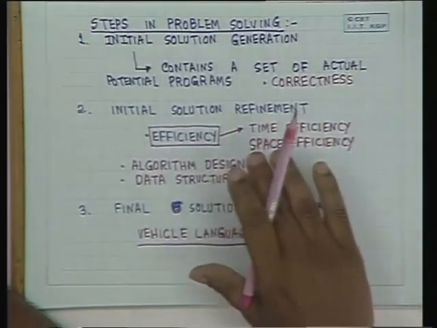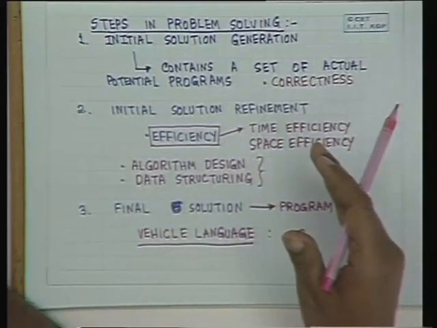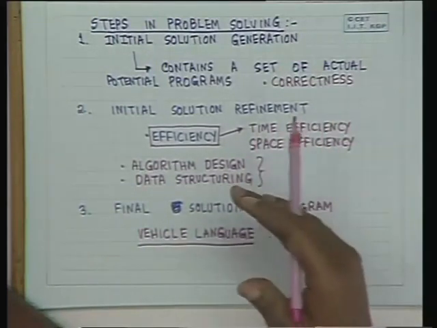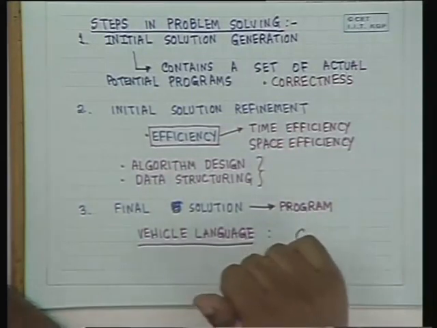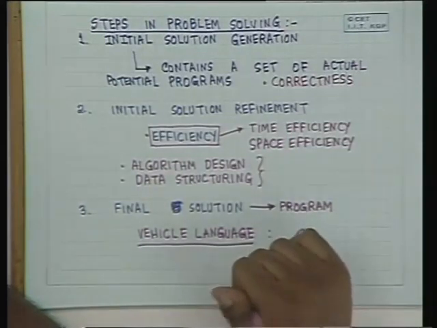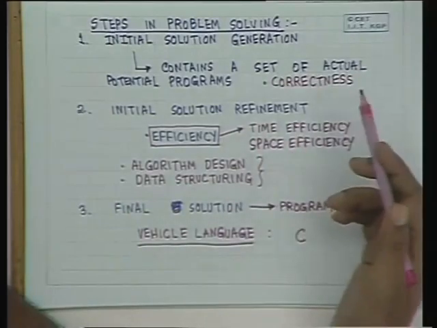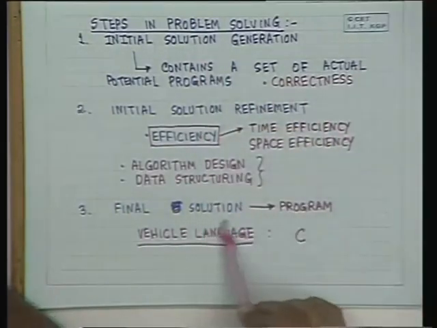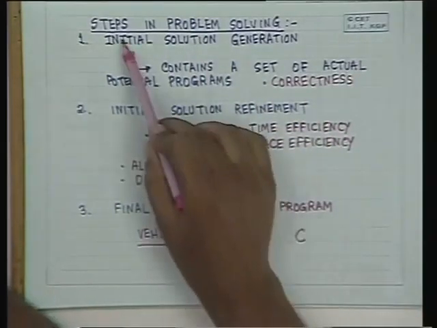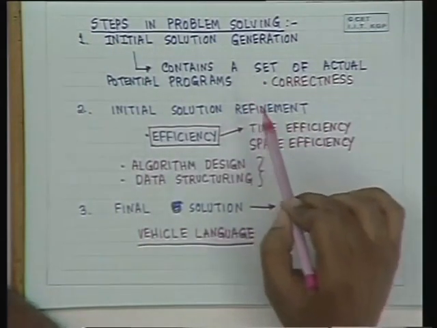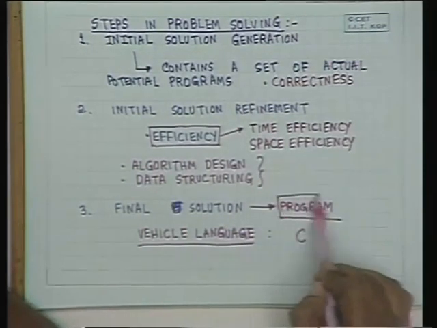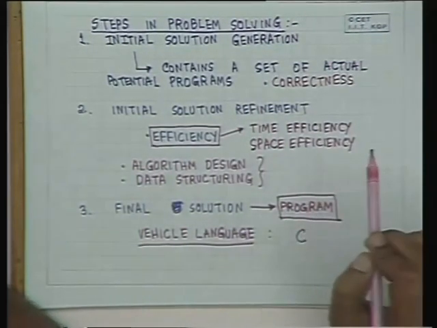Initially we will start with learning a bit of C language and seeing what constructs are available in C language, because unless the vehicle language is known to us, it will be very difficult to get the final solution. Starting from here, if you cannot end up here, if you end up in between anywhere, it does not mean much, because it is our task to write out the final program.